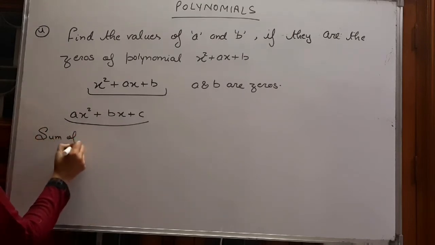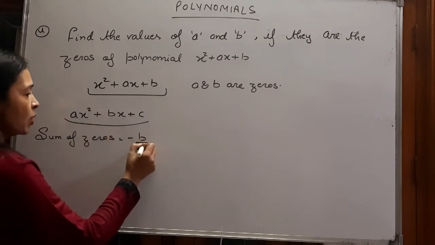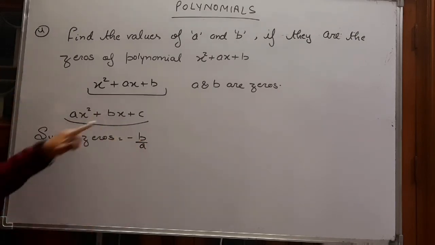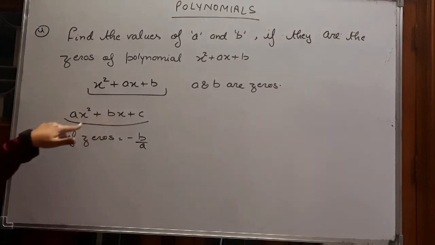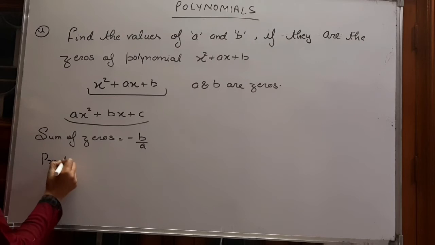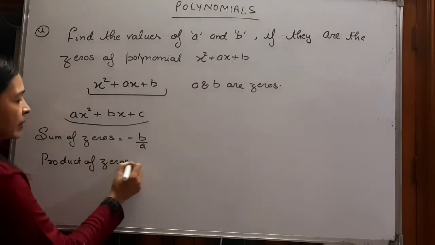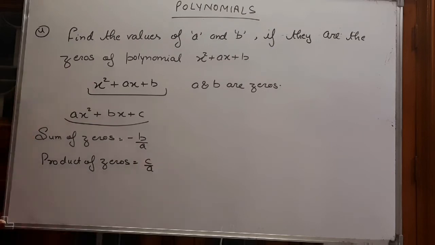Sum of zeros is minus b upon a. b is coefficient of x, a is coefficient of x square, and product of zeros is c upon a. c is constant, a is coefficient of x square.